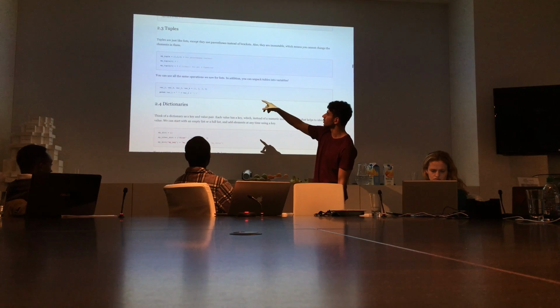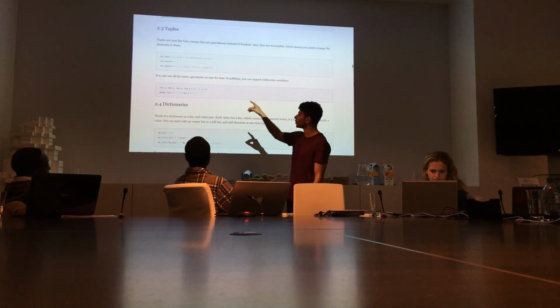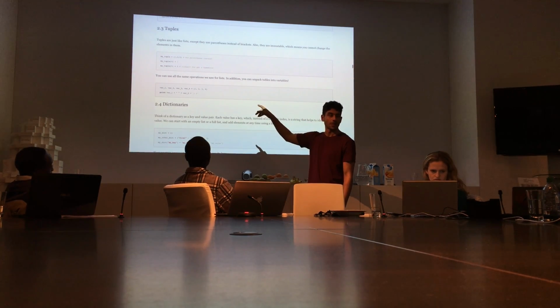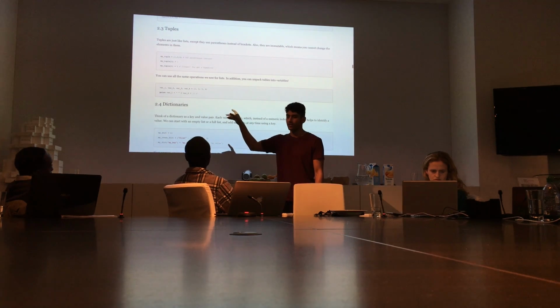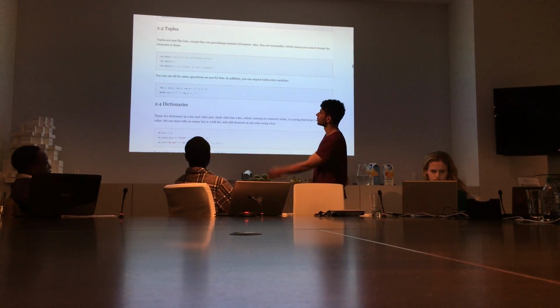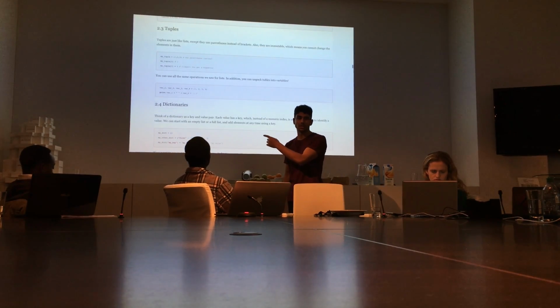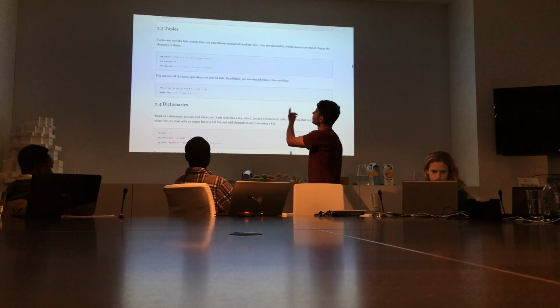Here we're trying to set index 0 of this tuple to 3. You can do this with a list, because a list is mutable. You can change the elements within them. However, with a tuple, you would get a type error, because you can't change the element within a tuple, because it's immutable.